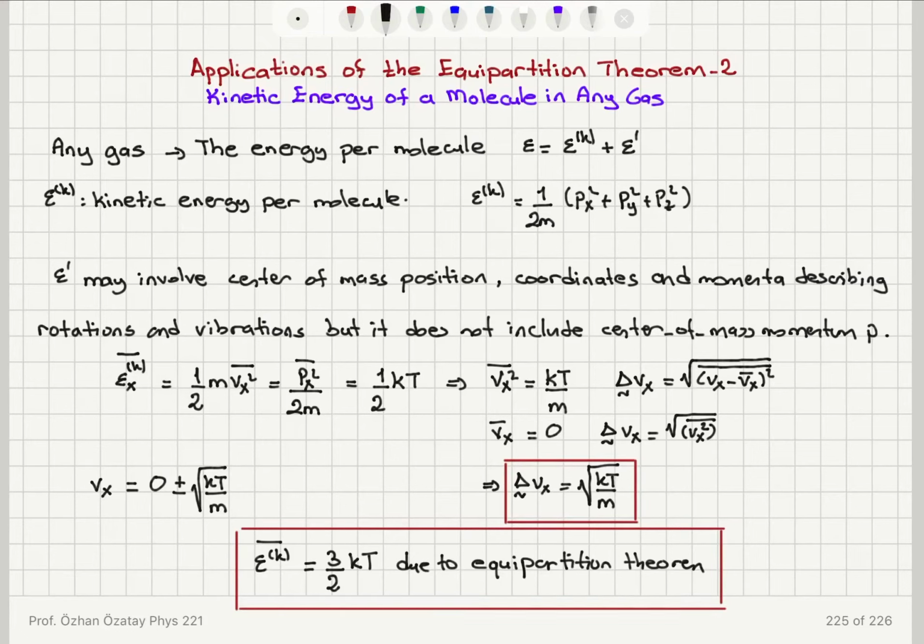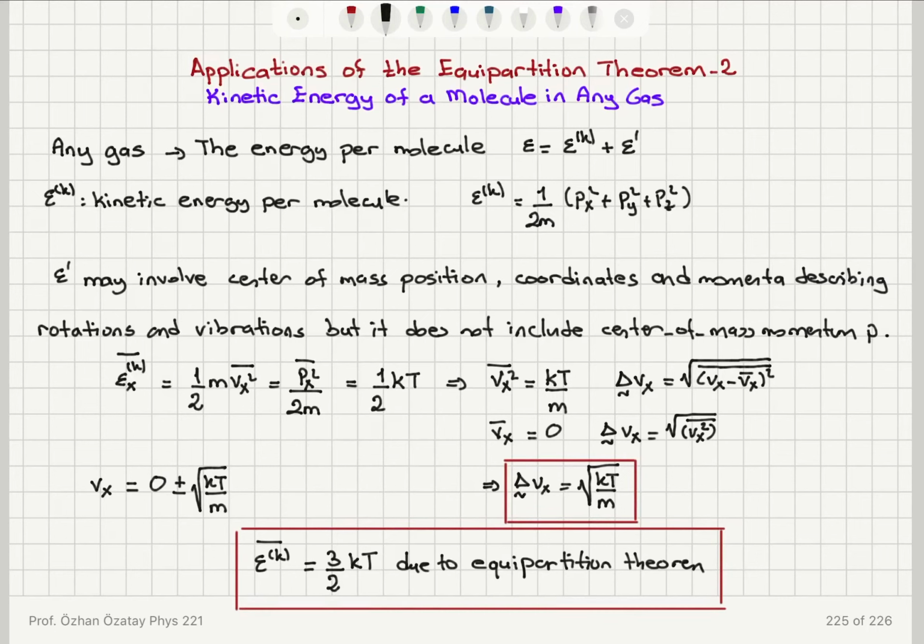These terms may involve center of mass position coordinates, and position coordinates and momenta describing this motion. Therefore, we have the center of mass momentum isolated in one term, which for the x component of momentum is 1 over 2m vx squared.